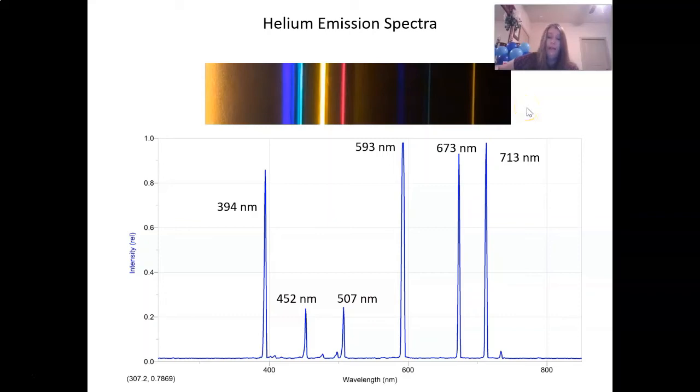I mentioned that spectroscopy like this is how they actually discovered that there was helium in the sun. And that's because in a solar eclipse, if you remember, we had a partial solar eclipse around here, but there was a solar eclipse that was visible from the US a couple of years ago.